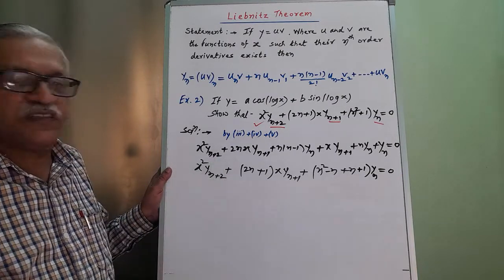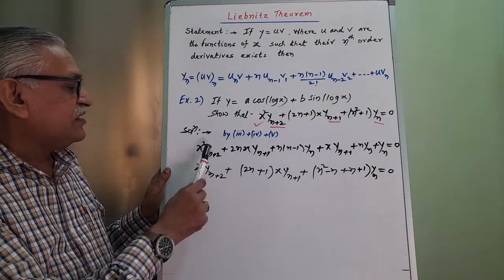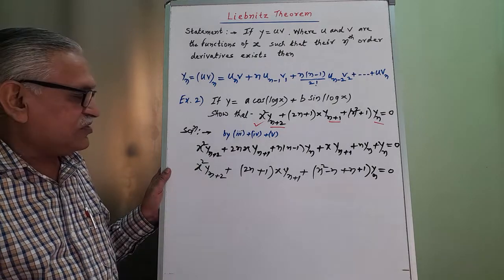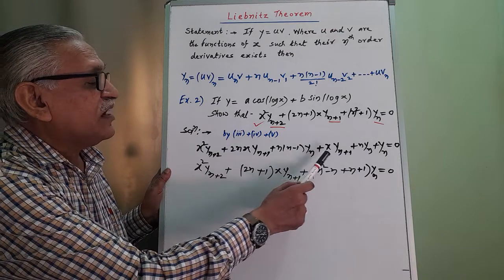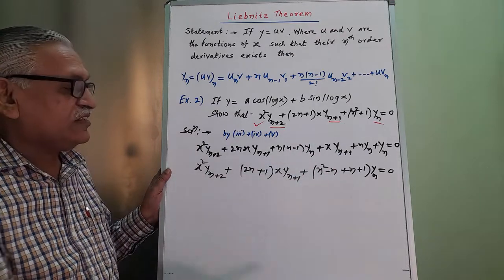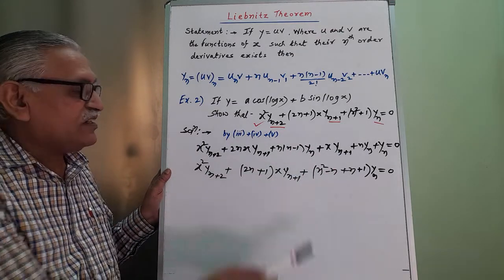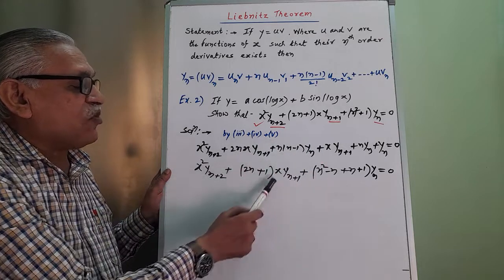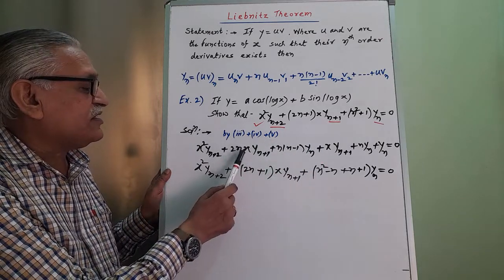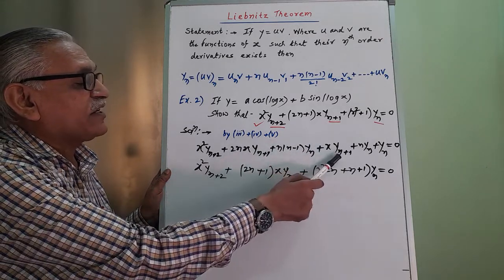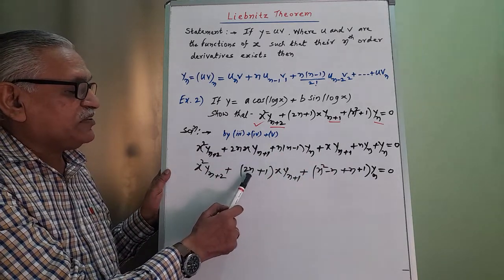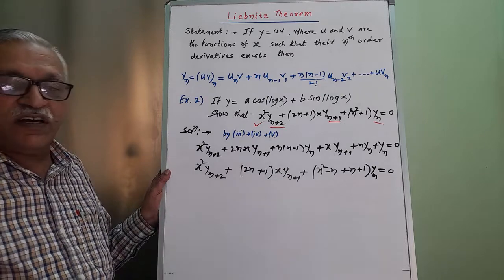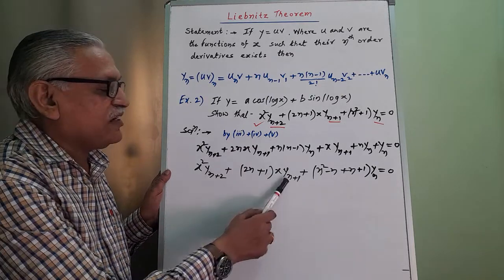Collecting the similar terms in one bracket, we get x square yn plus 2, only one term. There are 1 and 2 terms of yn plus 1, therefore taking yn plus 1 as well as x common, the remaining terms are 2n and 1, therefore that term is 2n plus 1 into x multiplied by yn plus 1.